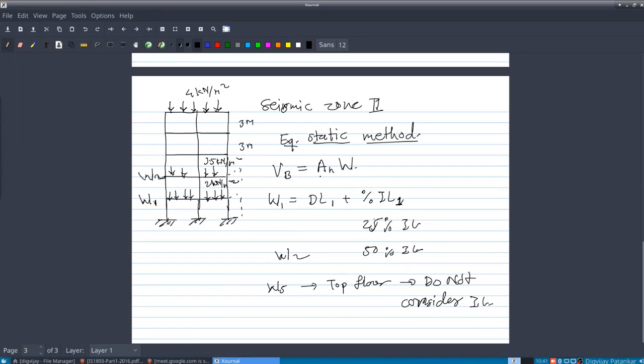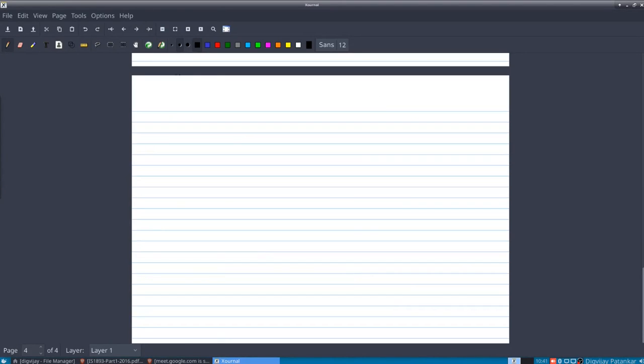Now what we were to find out is AH. So the expression for AH is Z by 2 into R by I into SA by G. So what is the Z value? Can you tell me now, looking at the IS code?